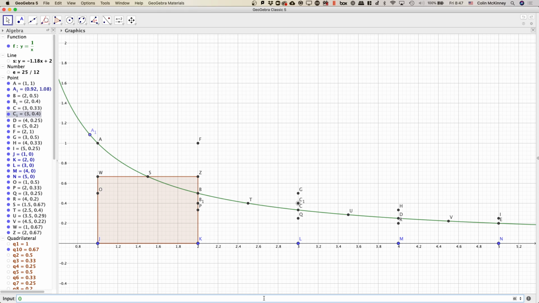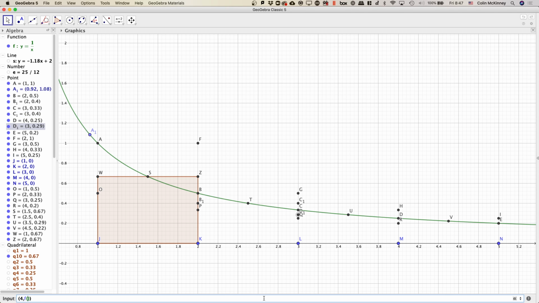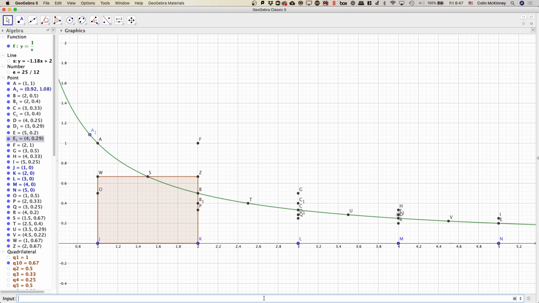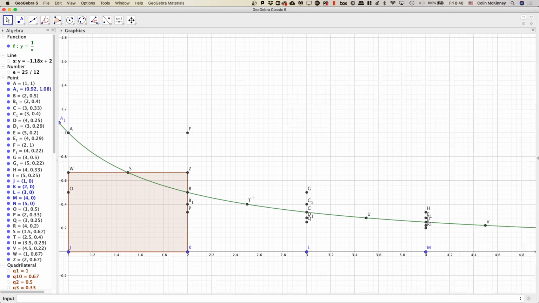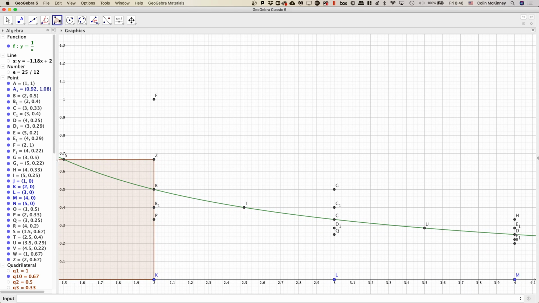I need to do 3, f of 3.5, 4, f of 3.5, 4, and 4, f of 4.5, and 5, f of 4.5. Okay. Now my figure is starting to get a little bit cluttered here, but you guys will forgive me.